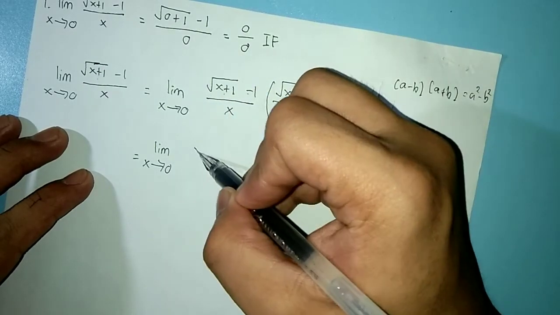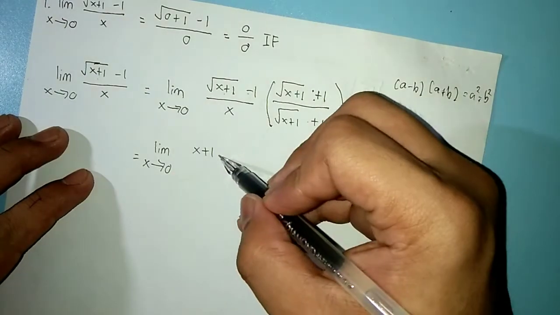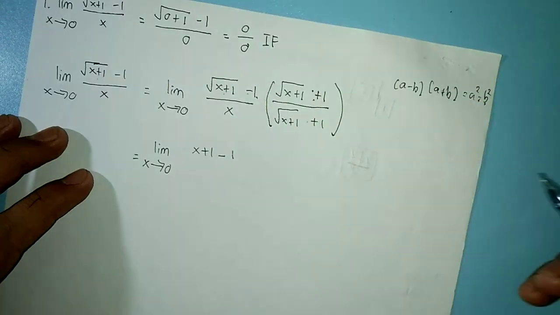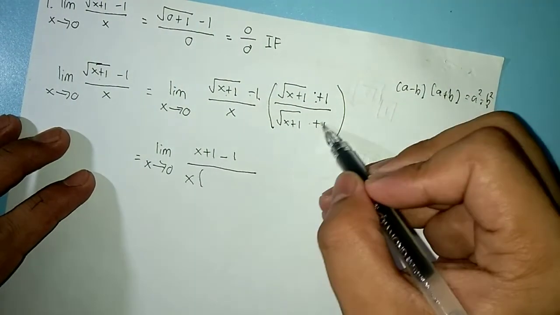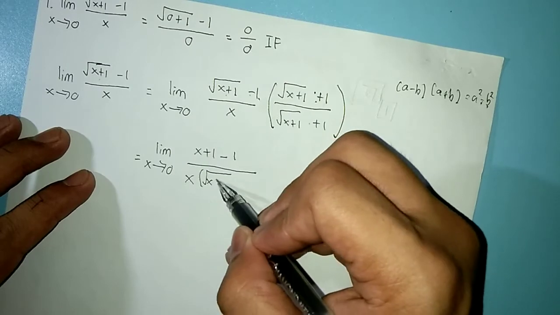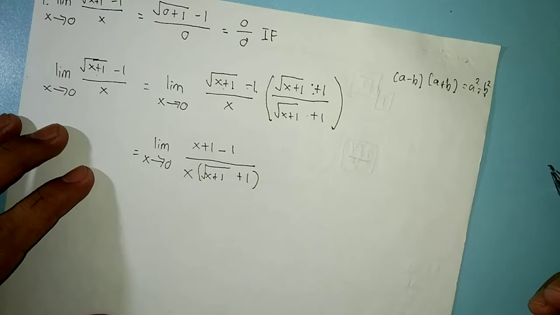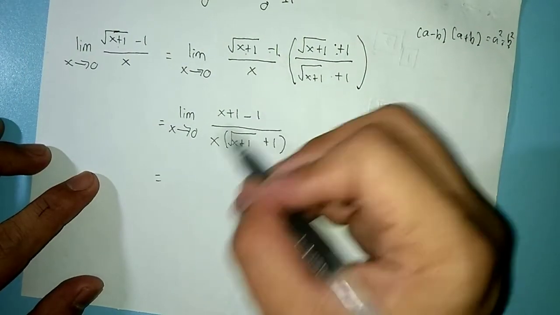Square natin to, matatanggal na, magiging x plus 1 na lang. Tapos, minus yung square nung second term. So, square ng 1, that is 1. Over x times square root of x plus 1 plus 1. Okay? So, dito, makakancel to, 1 minus 1, ang matitira x sa numerator, no?